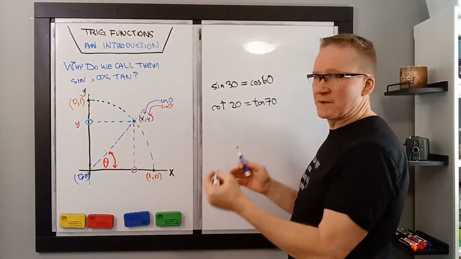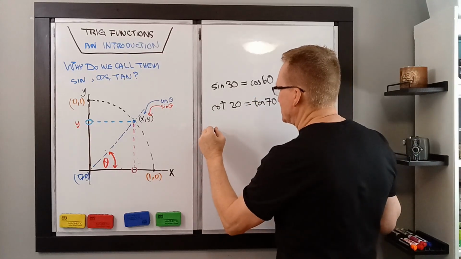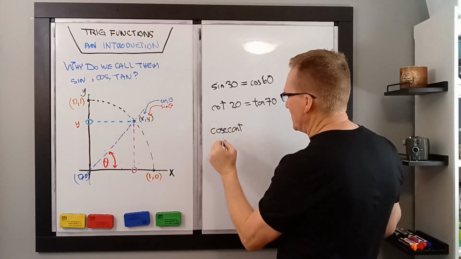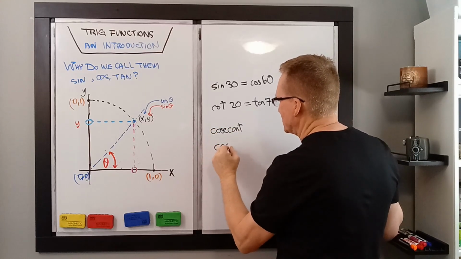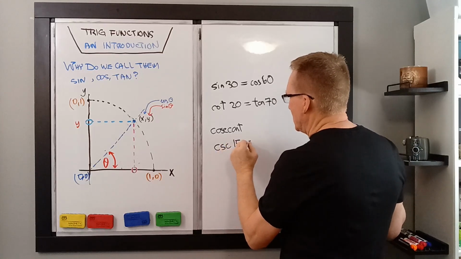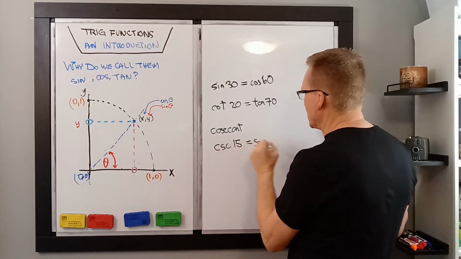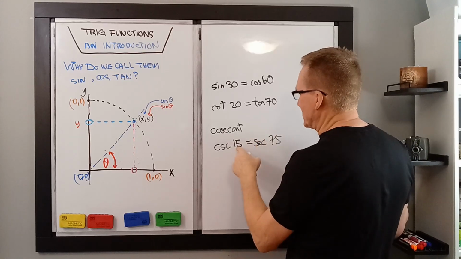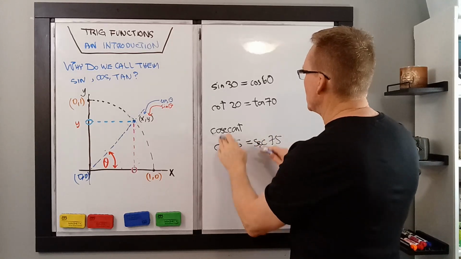Or if I want to use the reciprocal functions, I would say the cosecant, remember the abbreviation for that is CSC, of 15 degrees is the same as the secant of what? 75. 75 plus 15 is 90. So you can use any of these functions.